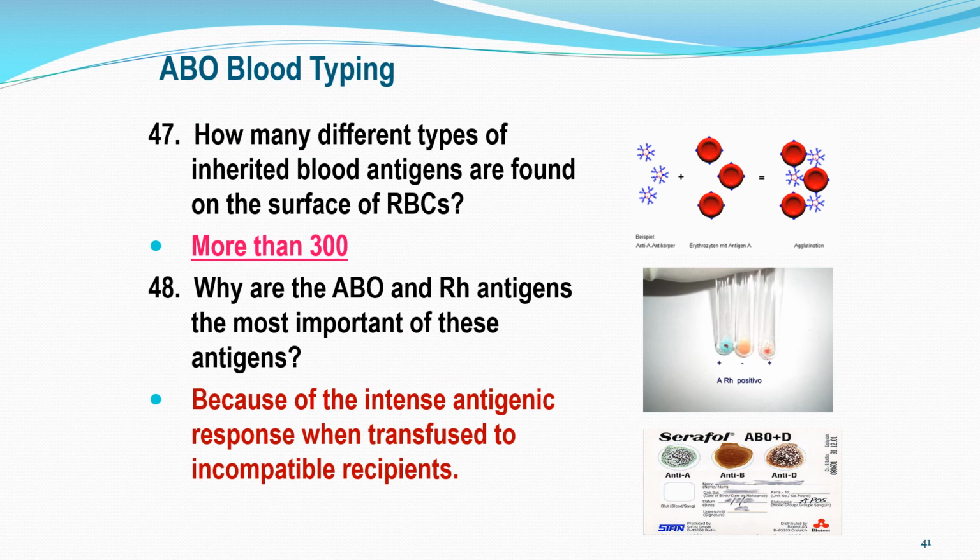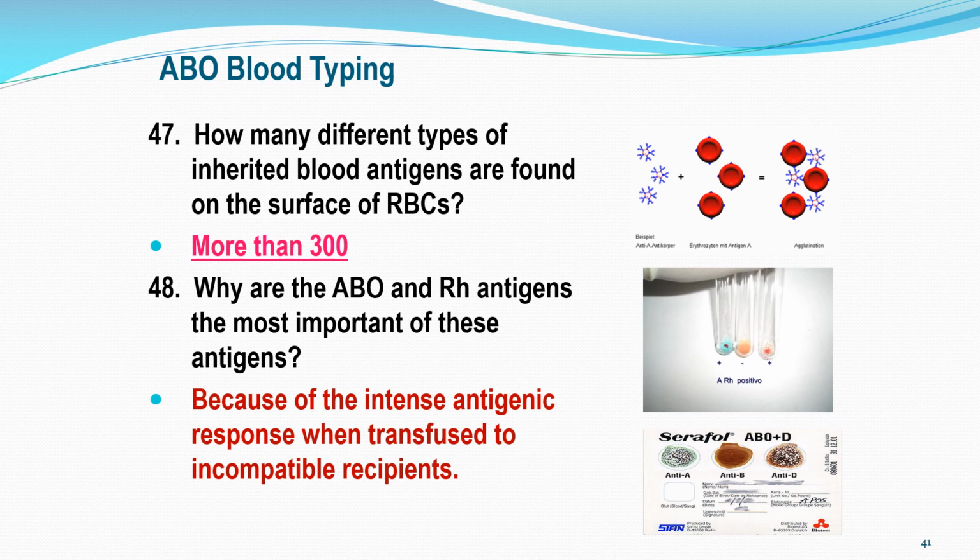So still talking about ABO blood typing, how many different types of inherited blood antigens are found on the surface of red blood cells? More than 300, okay? There are more than 300 inherited blood antigens that are found on the surface of RBCs. So why are ABO and RH antigens the most important of these antigens?